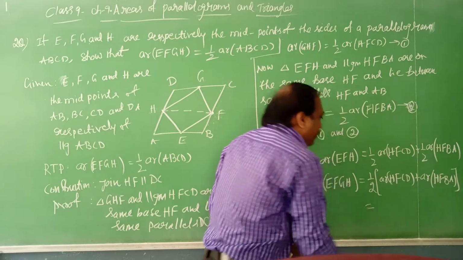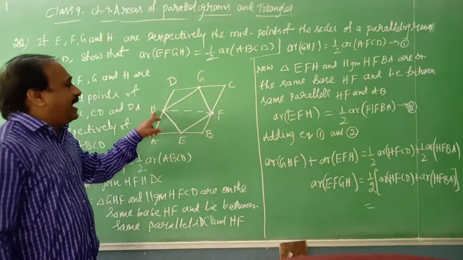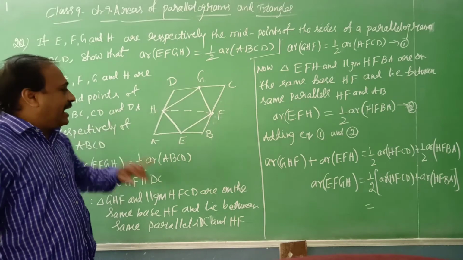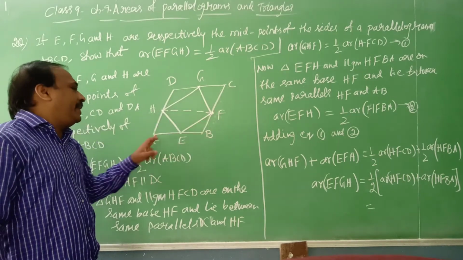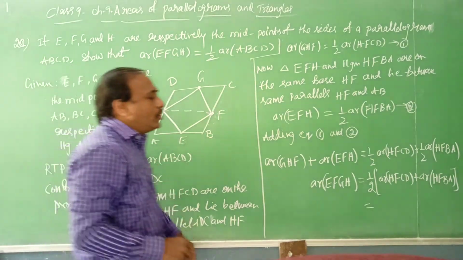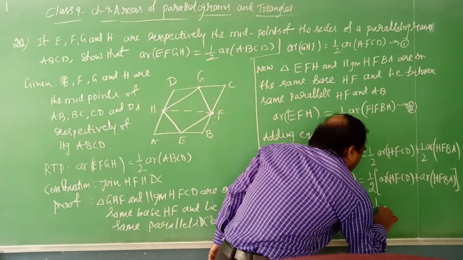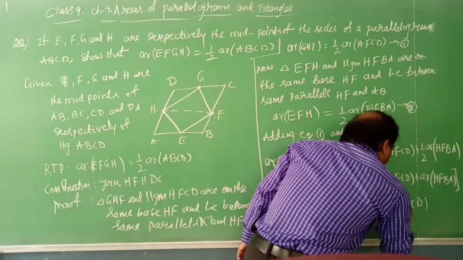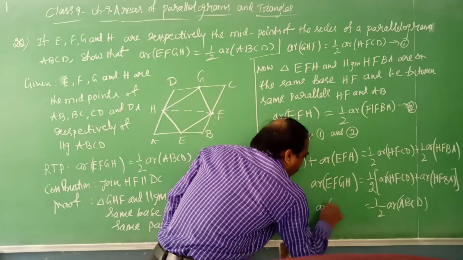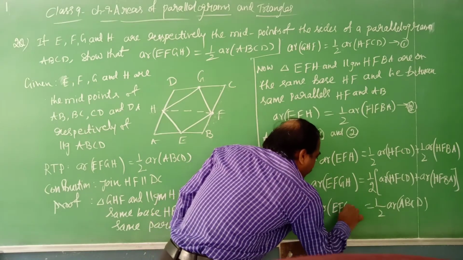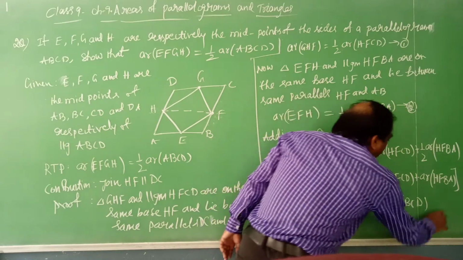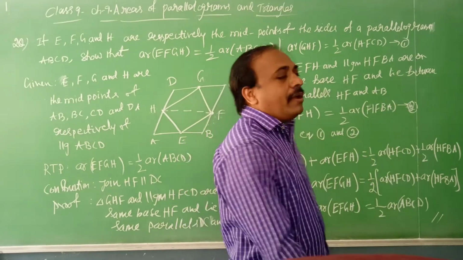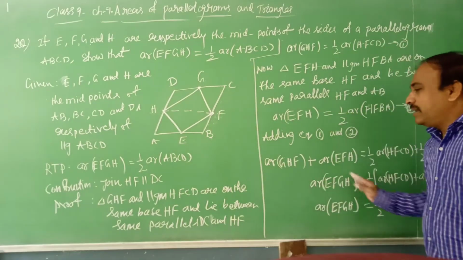Now observe it. Area of HFCD and area of HFBA together give the area of ABCD. So the area of EFGH is equal to half of the area of parallelogram ABCD.